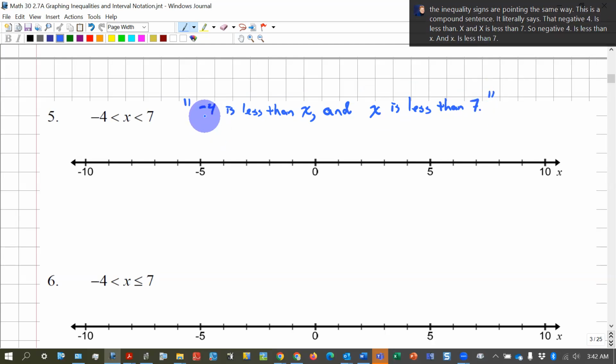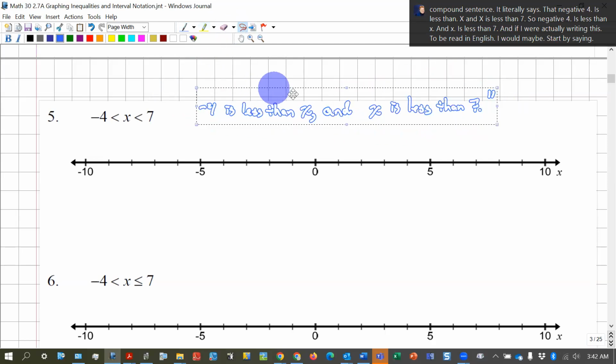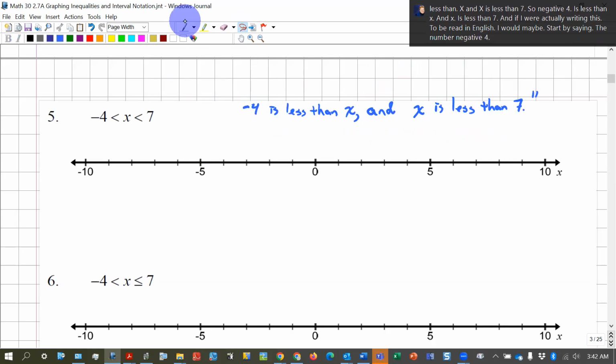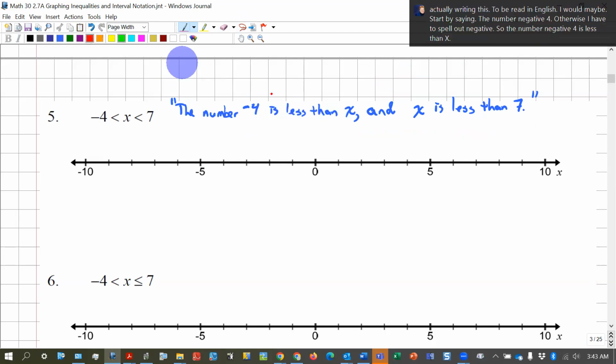And if I were actually writing this to be read in English, I would maybe start by saying the number -4, otherwise I have to spell out negative. So the number -4 is less than x and x is less than 7.